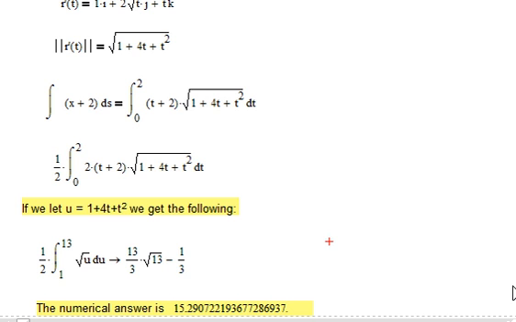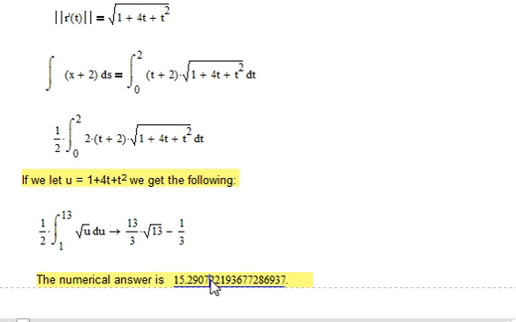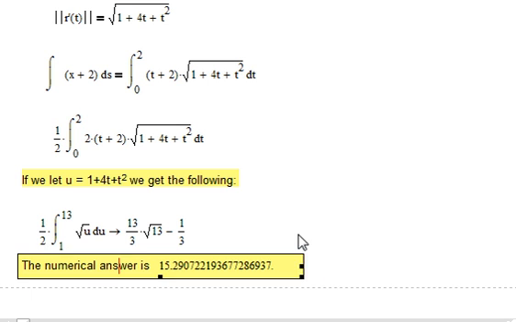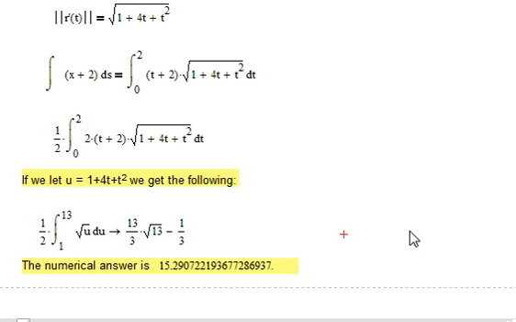So hopefully you'll see why that is what it is, and this is a numerical version of that answer, rounded to I think 20 digits or something like that.